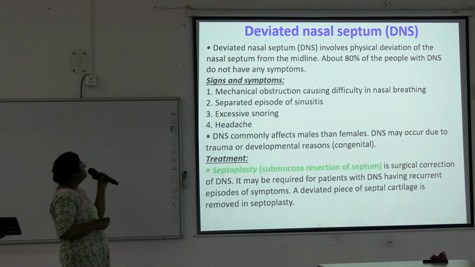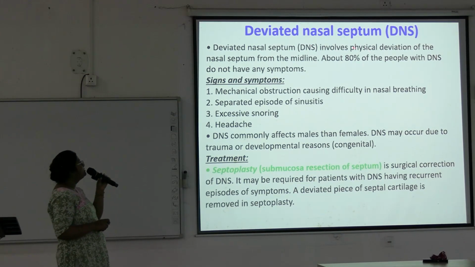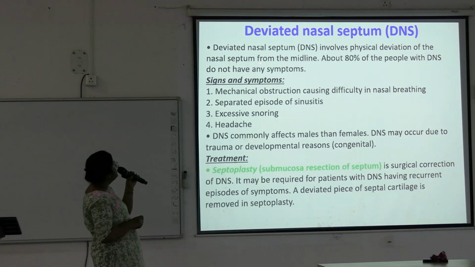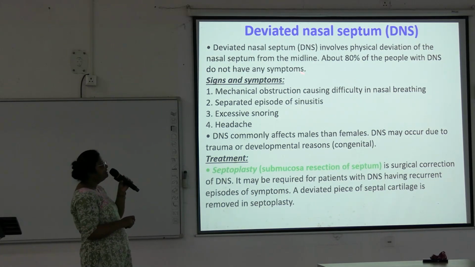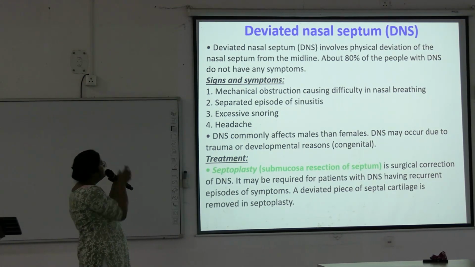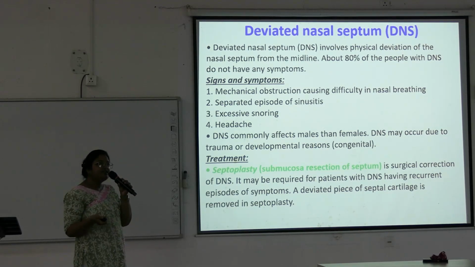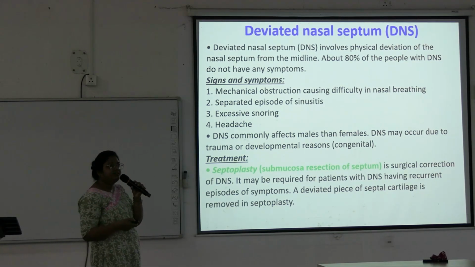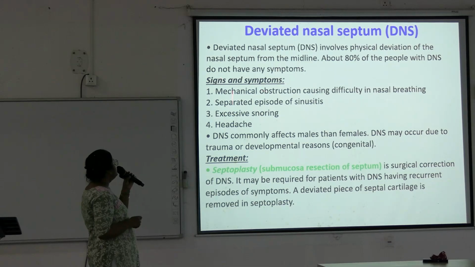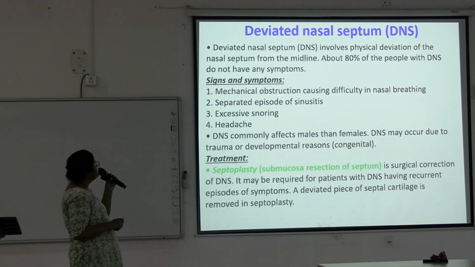So deviated nasal septum involves physical deviation of the nasal septum from the midline. About 80% of the people with deviated nasal septum do not have any symptoms. When symptoms occur, only then do you have to correct the deviation. What will be the signs and symptoms?